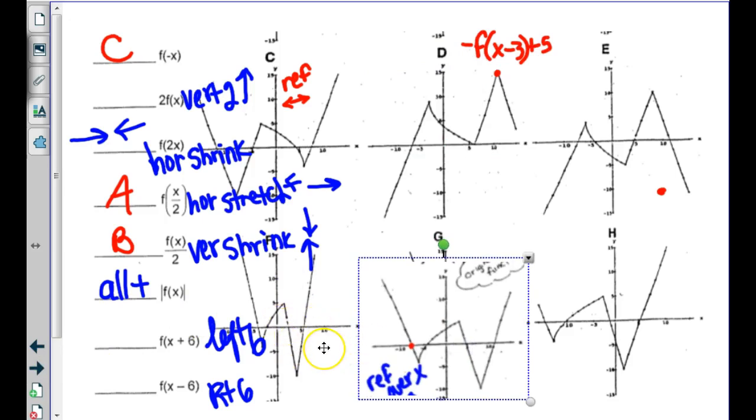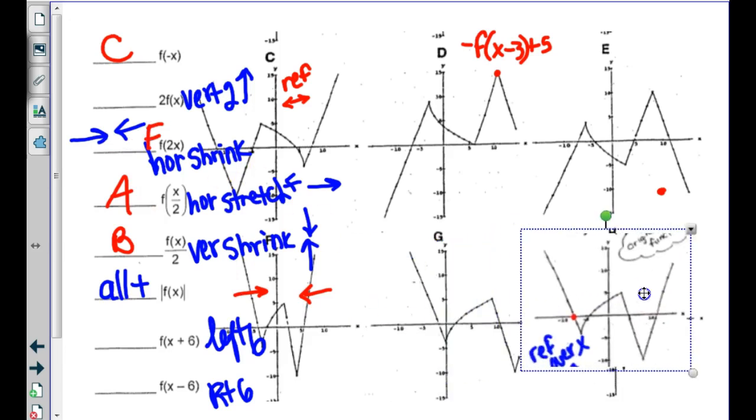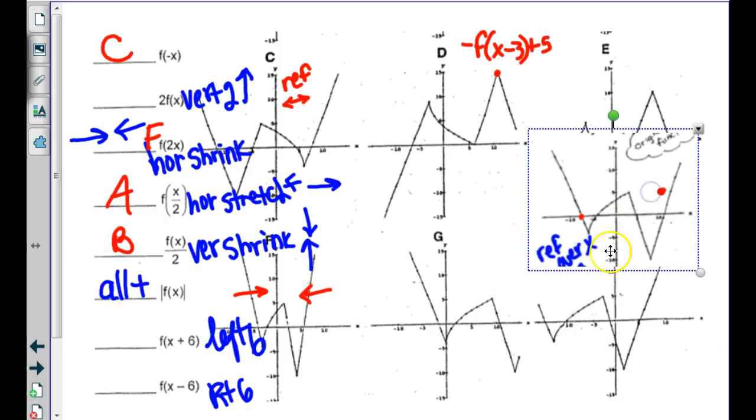Now I'm on F, and F is definitely shrunk in this way, horizontal shrink. So that's this one. Okay. G is shifted to the right a whole bunch, like about 8 or something. 6 maybe. Which would be this guy.